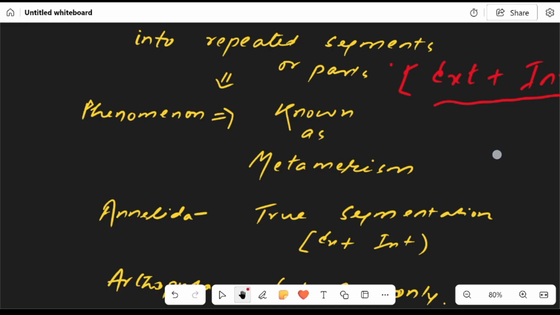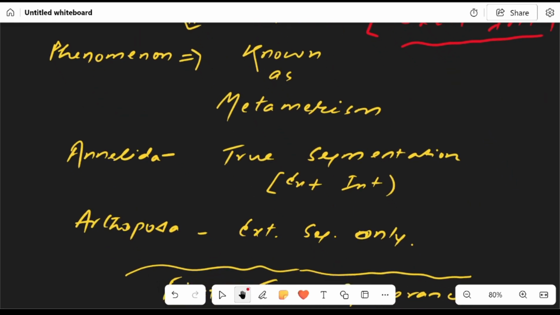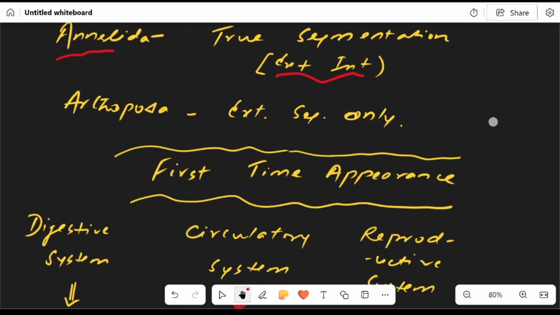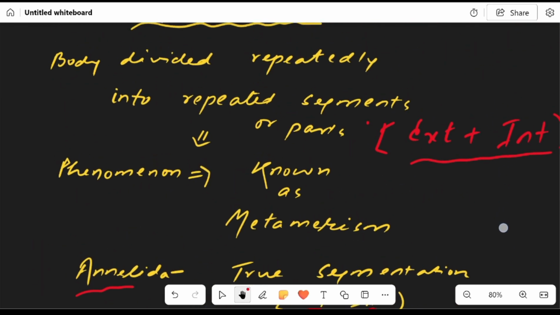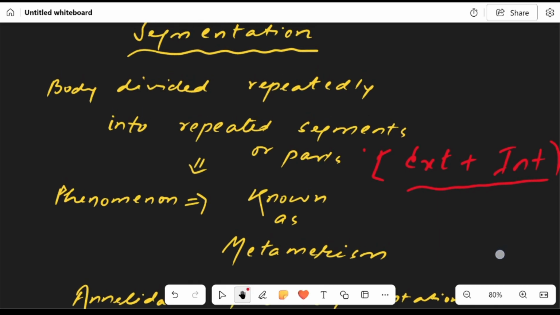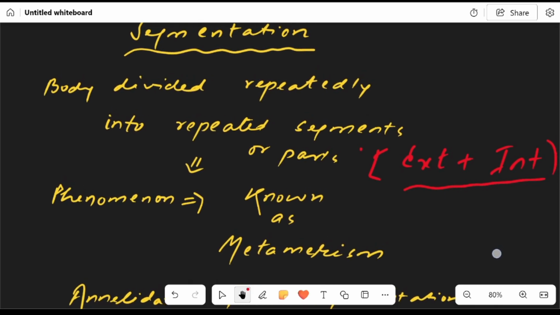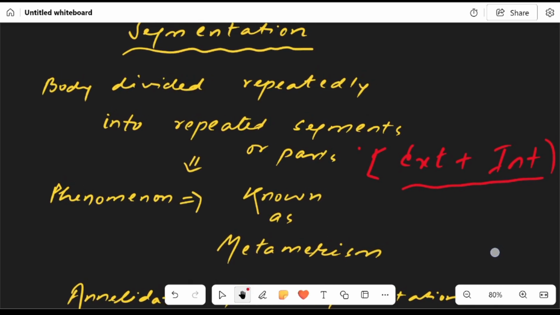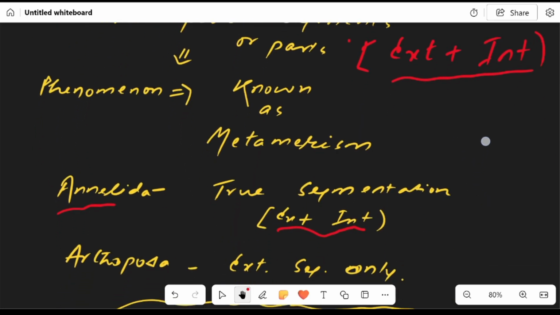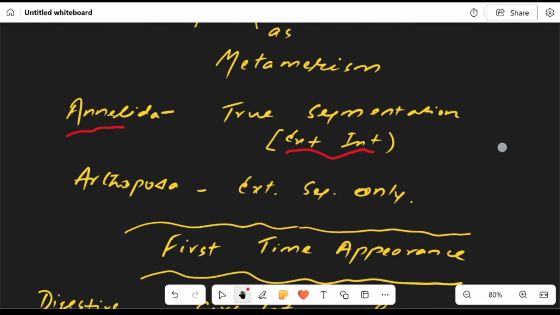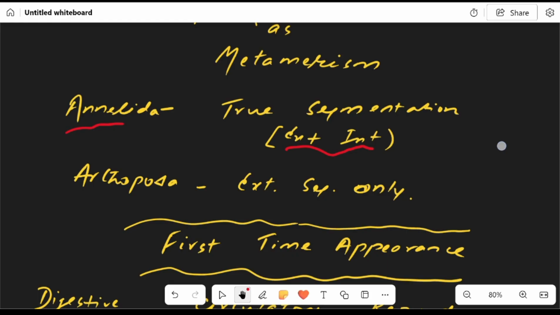This phenomenon is known as metamerism. In Annelida, we find true segmentation, where the body is divided into repeated parts externally as well as internally. But in Arthropoda, only external segmentation is found.